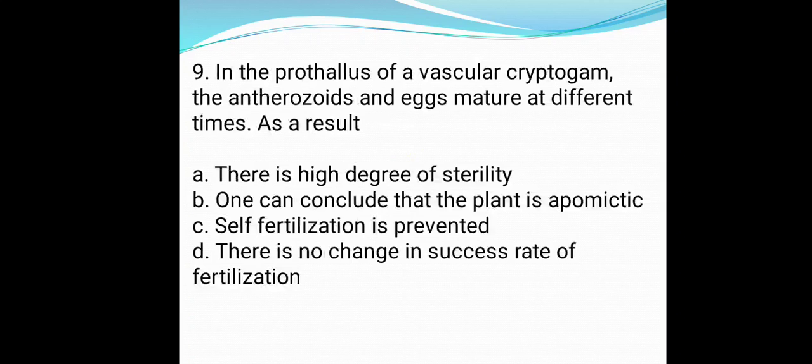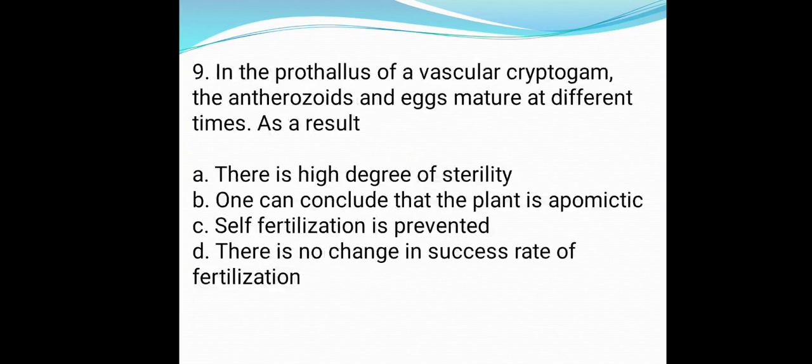in homosporous vascular cryptogams like ferns, a single type of spore is produced, which gives rise to haploid gametophyte on germination. The haploid gametophyte produces both male and female gametes, but cross-fertilization occurs here because the archegonia and antheridia mature at different times.